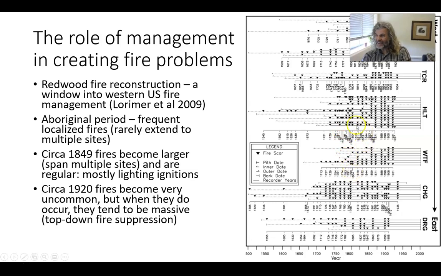Fire becomes less frequent and more synchronized across sites. So again, prior to about 1800, we've got more frequent fires that are asynchronous across sites. Afterwards, we have fewer fires that are more synchronous across sites.